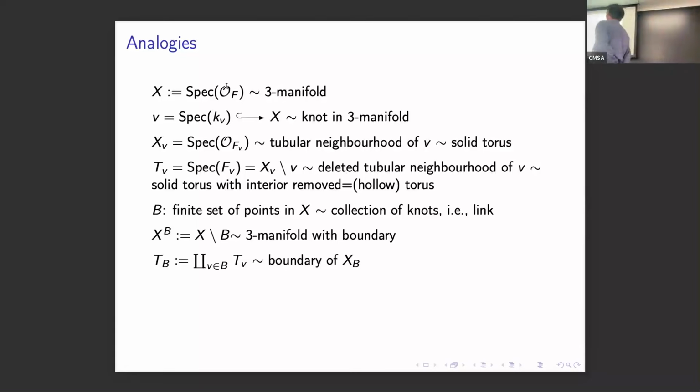Then knots and primes come into this picture because the spectrum of the finite field, the residue field of O_F, included inside X is supposed to be like a knot inside a three-manifold. There are many reasons for thinking something like that, and I'll come to a very good reason, I think, towards the end of this lecture.